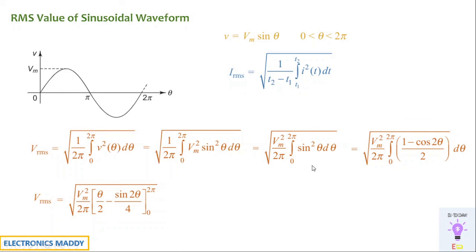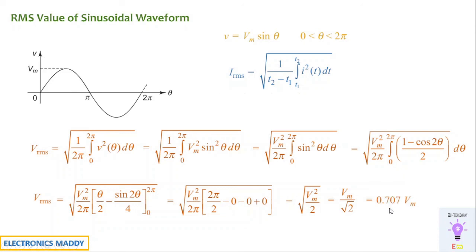Substituting and simplifying, you will get it in this form. Substituting the upper and lower limits in this formula, you will get Vm square by 2, then the square root of Vm square by 2, and taking Vm common, you will get Vm by root 2. So the effective RMS value of a sinusoidal waveform is 0.707 Vm.